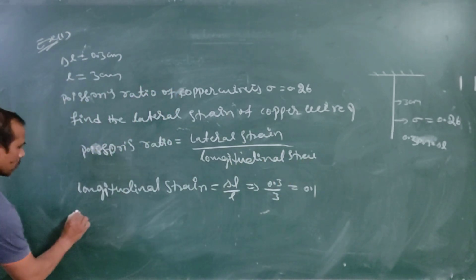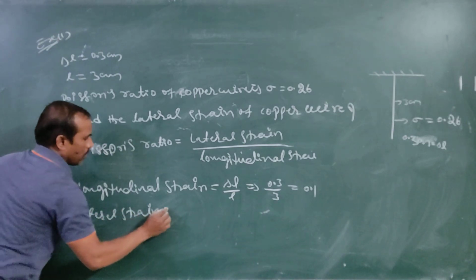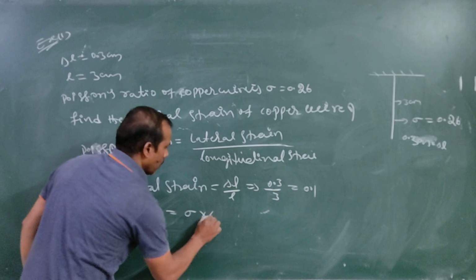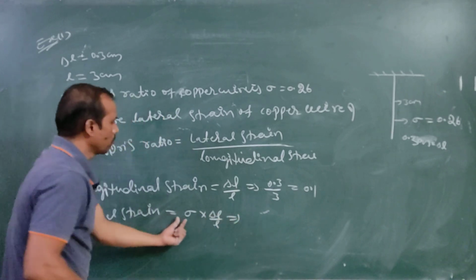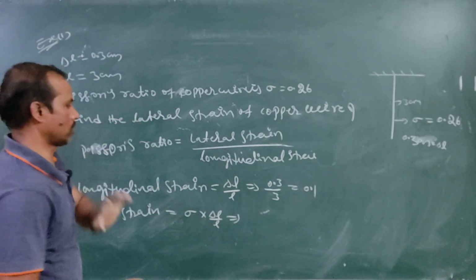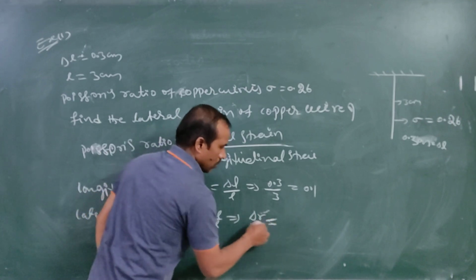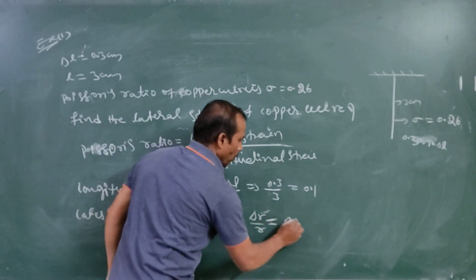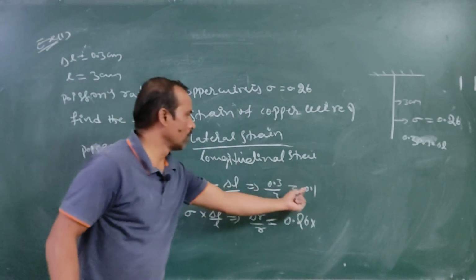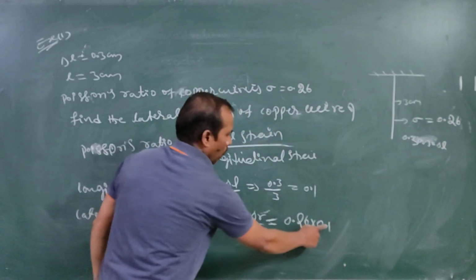So lateral strain is equal to 0.26 into the longitudinal strain of the copper wire, 0.1.